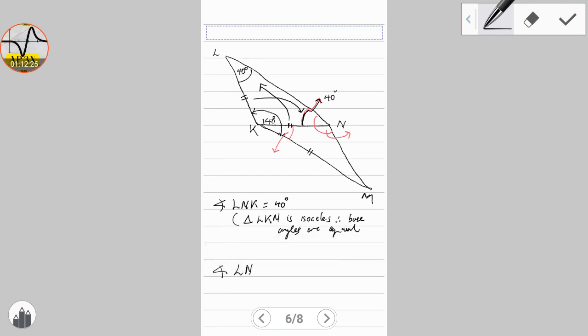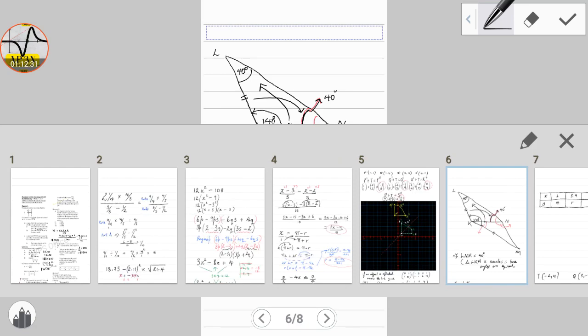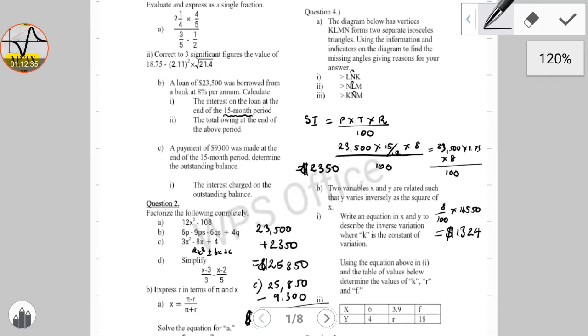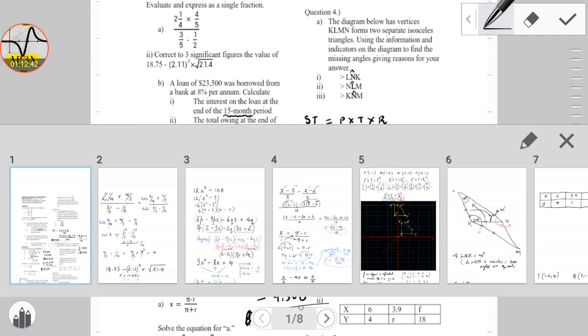I think I made an error with the label, guys. Let me double check. We're being asked to find NLM.